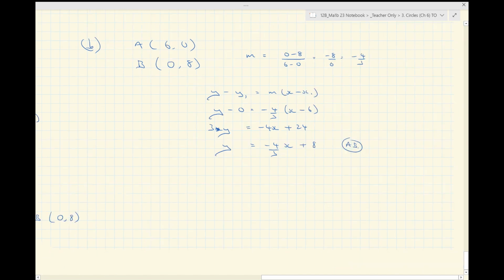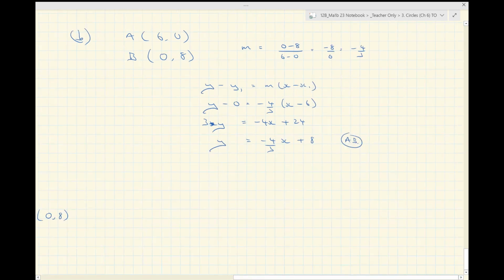And now for the last part of the question, I'm asked to find the area of the triangle ABC. Let's draw a quick sketch. Sorry, I'm asked to find the area of the triangle OAB, right? O is the origin. One of these points is 8 up, that's point B. The other point is here, point A, and that's 6, and that's 8.